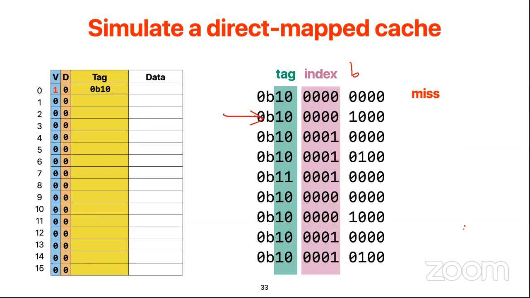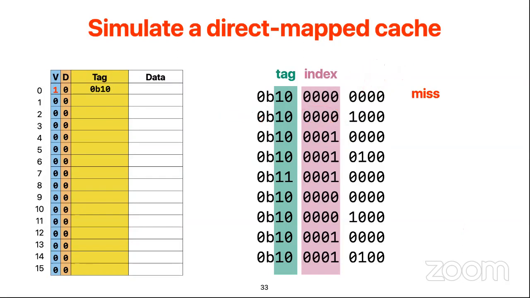So is this a hit or miss? I think it's a miss. When you look up the cache, you look up first which block and then which byte. Block 0 and byte 1000. No, we are looking.